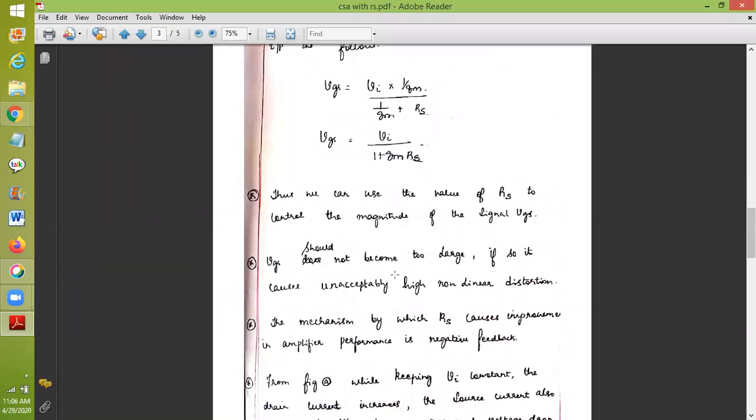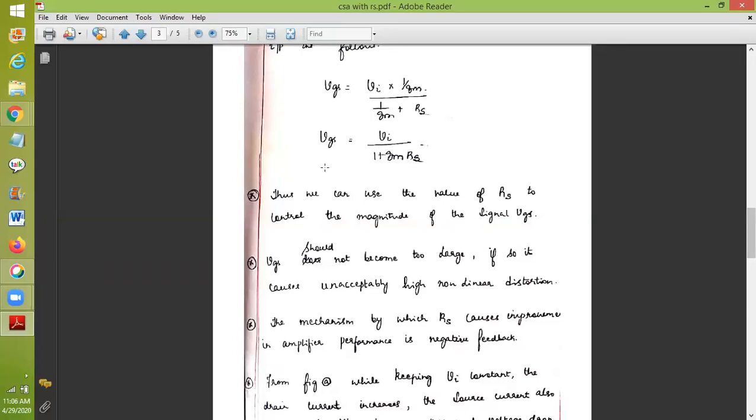Very important: what happens if the value of VGS is very, very large? By decreasing the source resistance Rs, the magnitude of VGS increases.